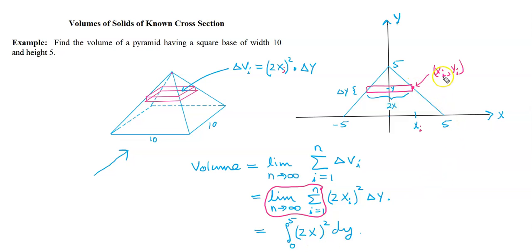So what we need to do is write x in terms of y. If we were to find the equation of this line right here, that line has equation y equals negative x plus 5. You see the slope of this line is negative 1, so there it is, negative x, and the y-intercept is 5. So that's the equation for this line.